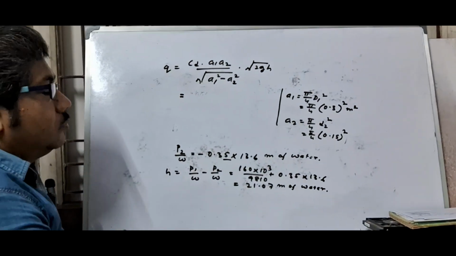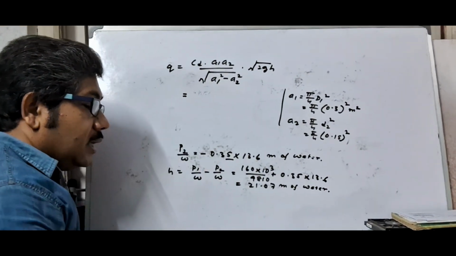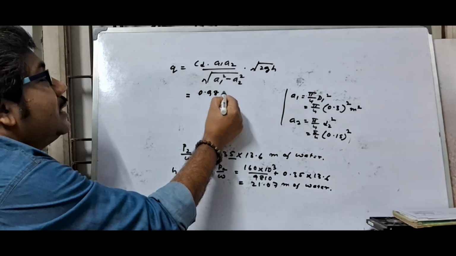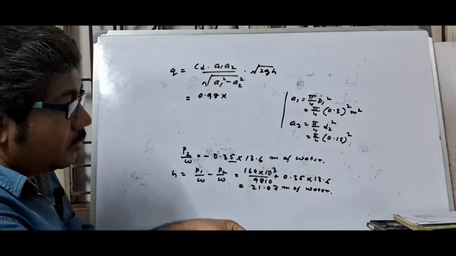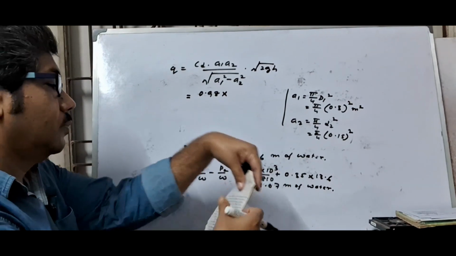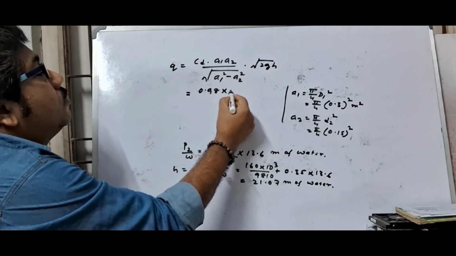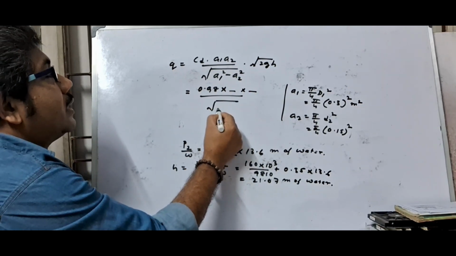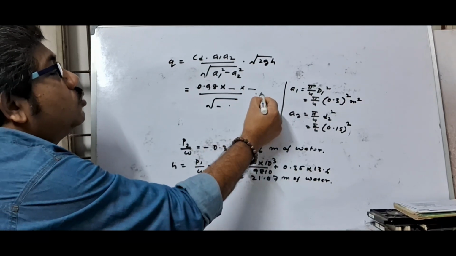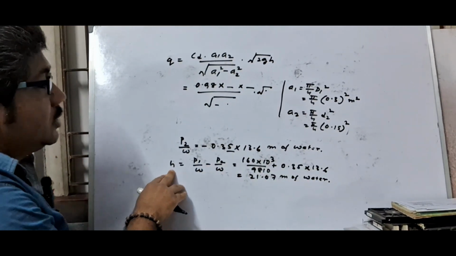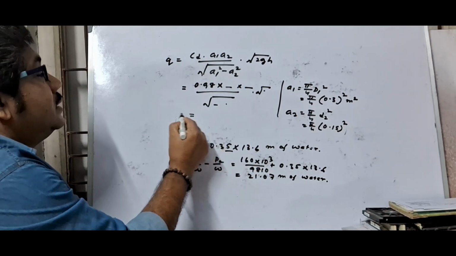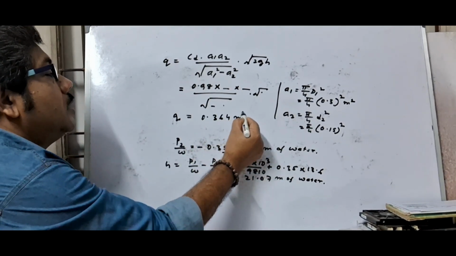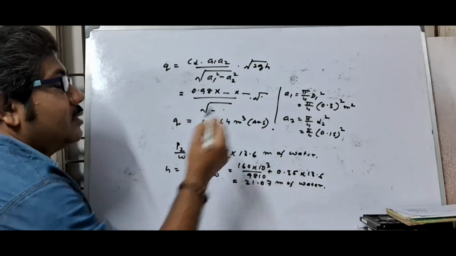If you put the values here, the coefficient of discharge is 0.98, so 0.98 into the value of A1 A2 by root A1 square minus A2 square into root 2GH, with the Venturi head here, this value will be 0.364 meter cube, and this is the answer here.